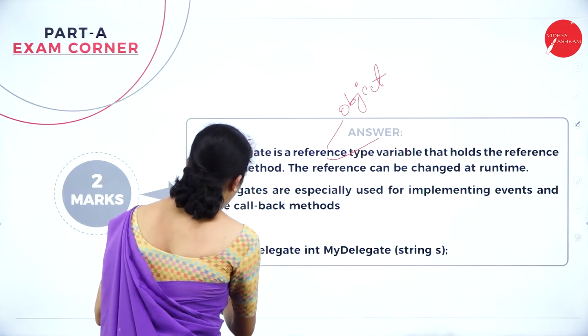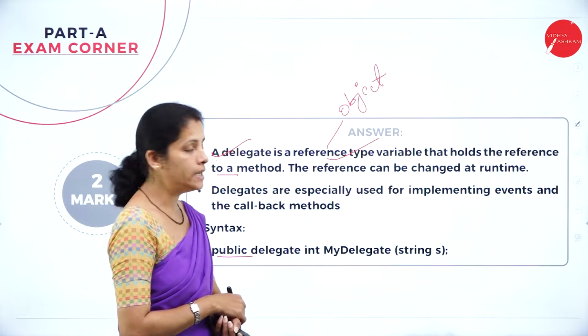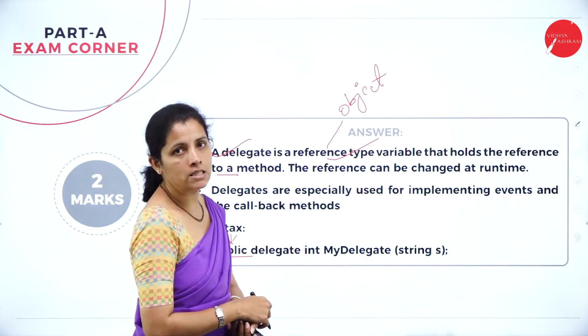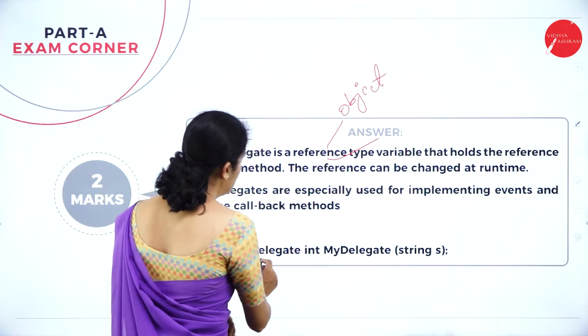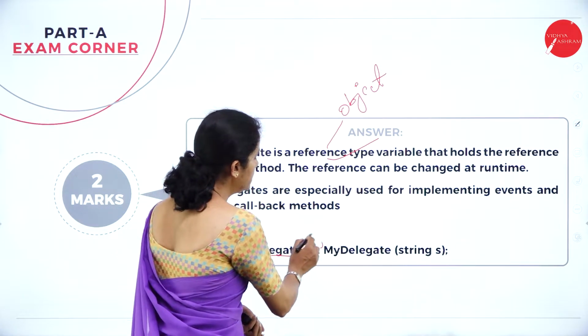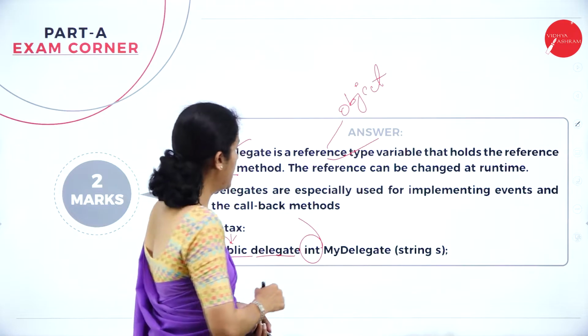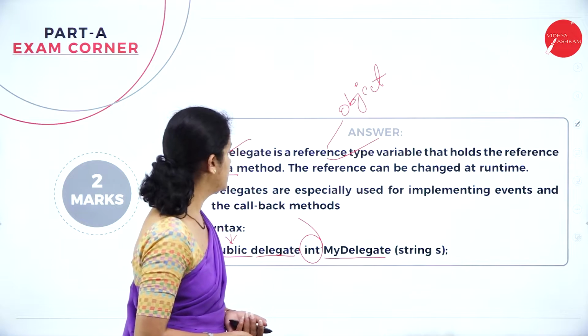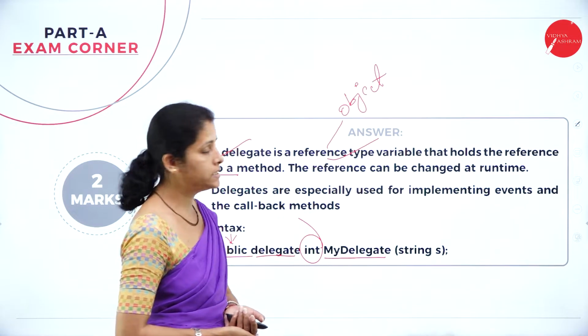Okay, so how am I able to create the delegate? First, I want to use the access specifier public. Then I want to mention the delegate keyword. int as a data type. Along with that, I am going to specify the delegate name, which is nothing but my delegates.